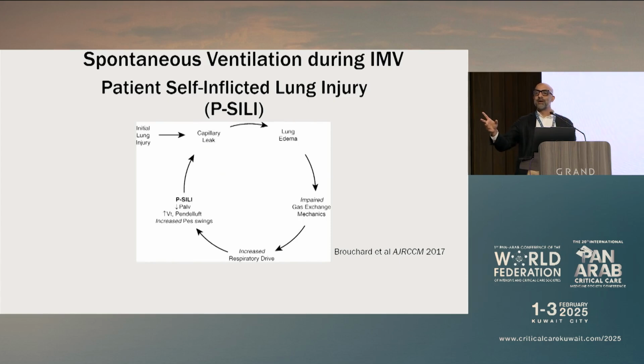So the conceptual framework of this is that you have the acutely injured lung, you get capillary leak, edema, which then sort of perpetuates the gas exchange problems, and that in turn changes your pH and other molecular factors, including inflammation.